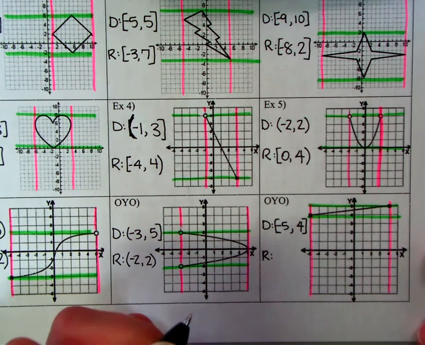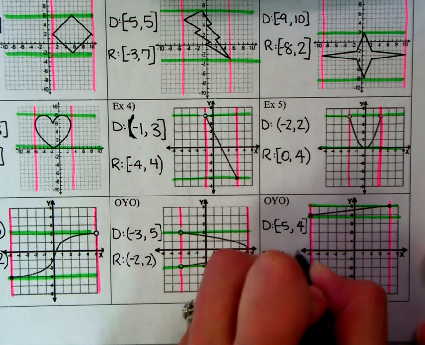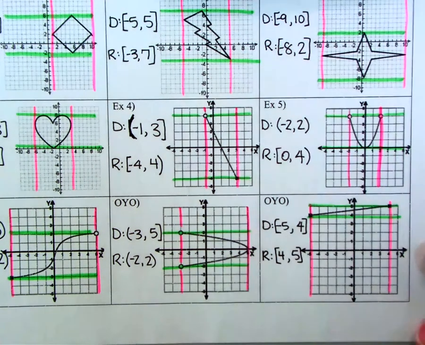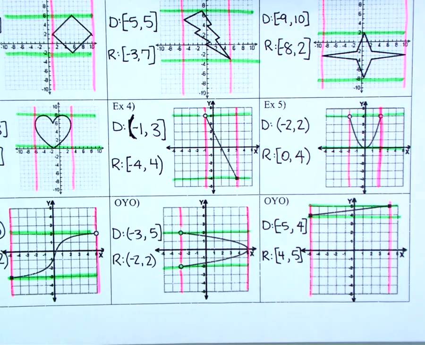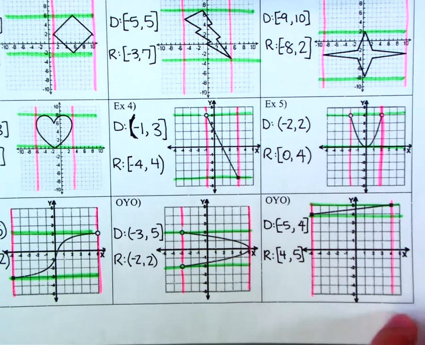And my range is 4 to 5, both with brackets. So there's your domain and range. We'll make it a little more complex when we talk about some of the functions we'll learn about in math too. So things like quadratic functions, square root functions, a little bit of an inverse function. But that's your basic guidelines for domain and range.